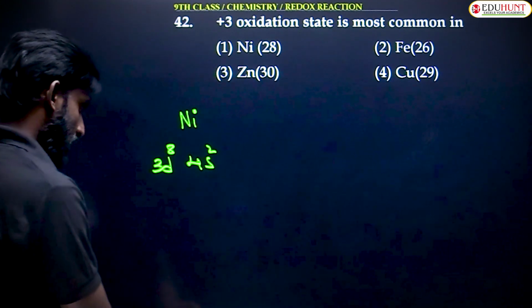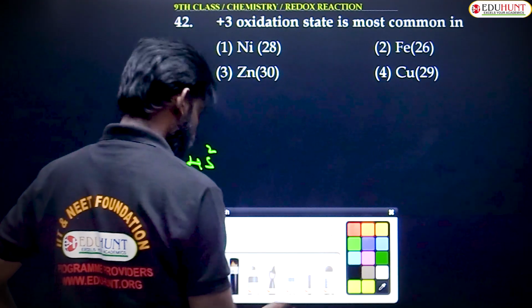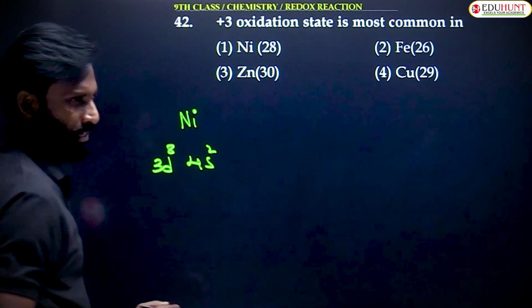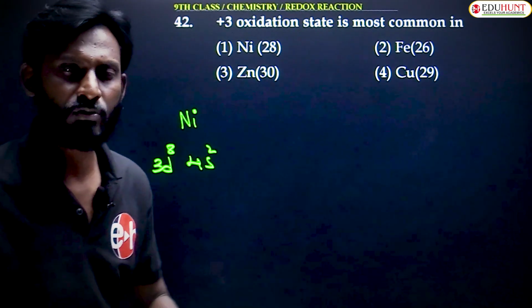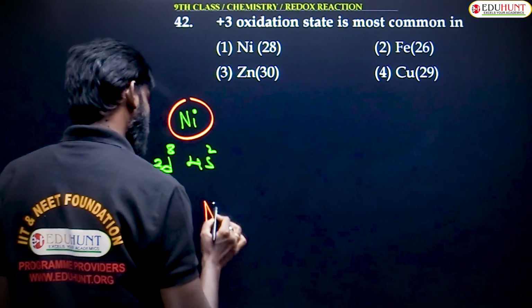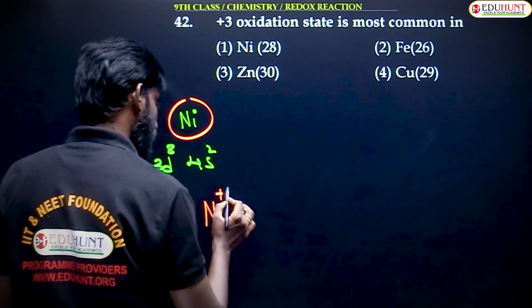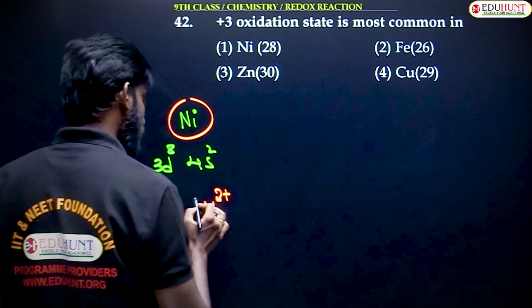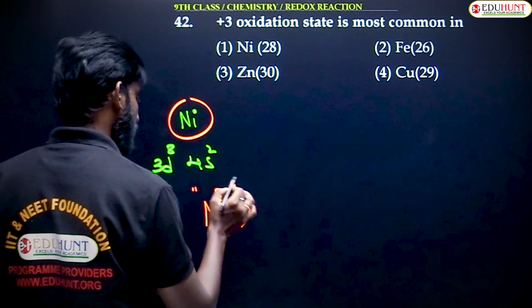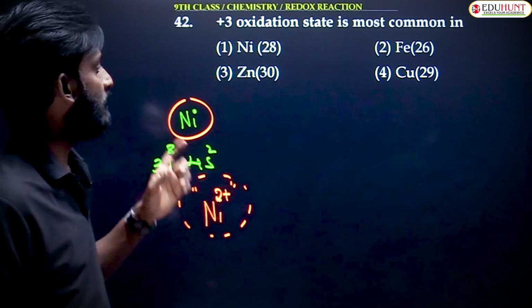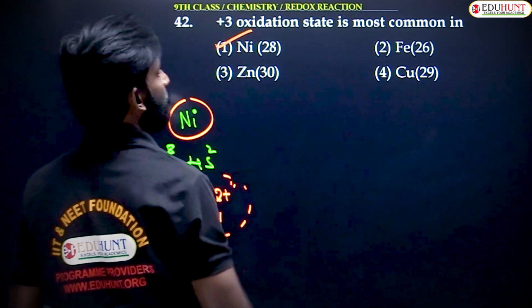In higher studies you may study that the stable oxidation state, almost the most common oxidation state for nickel, will be Ni2+. So you will find nickel as an ion in this state only, generally. Nickel sulfate, nickel chloride, so the common oxidation state for nickel is +2.